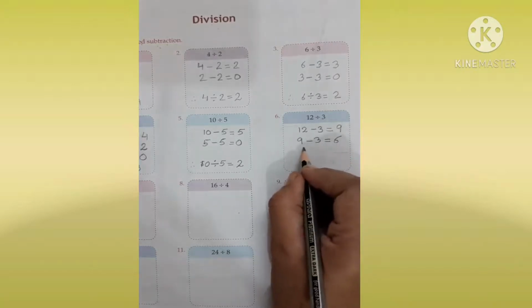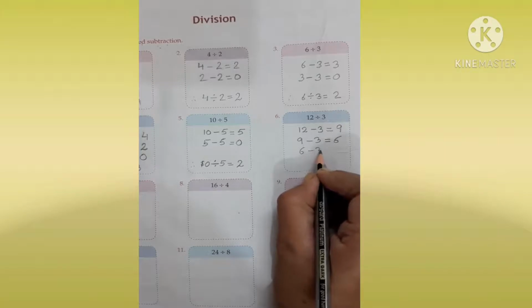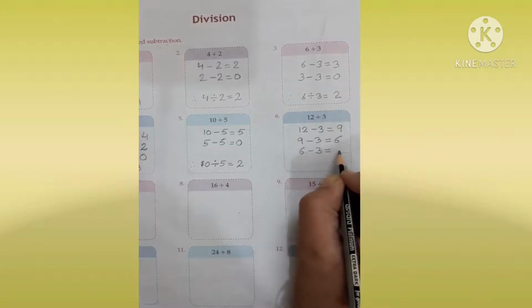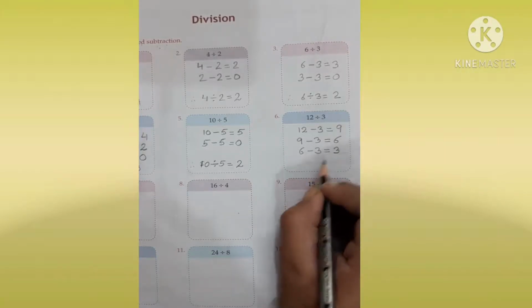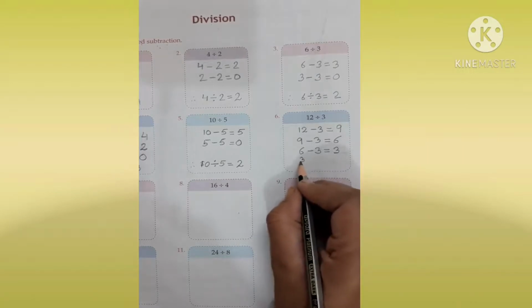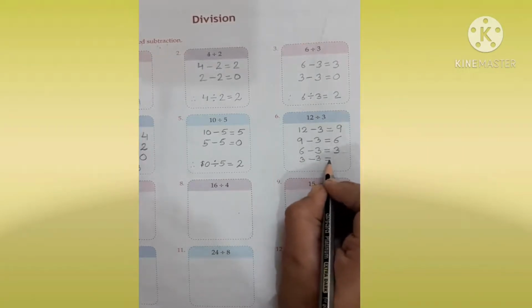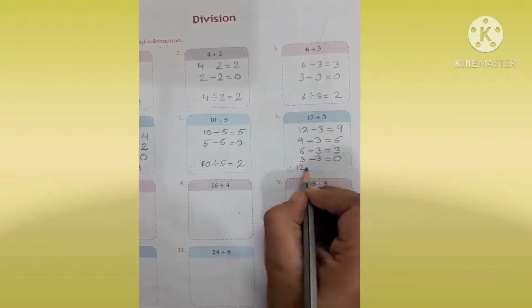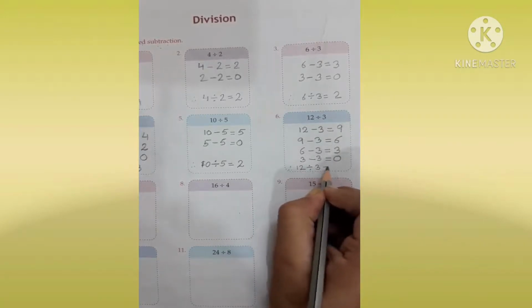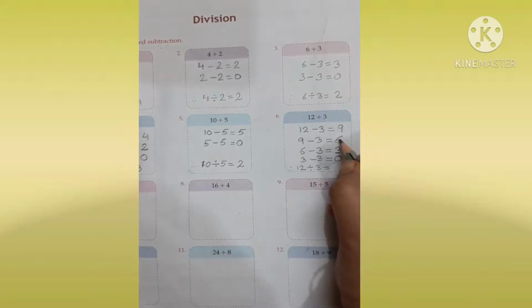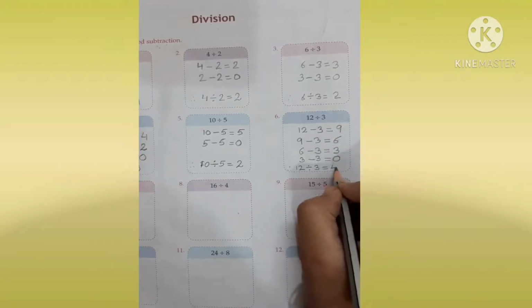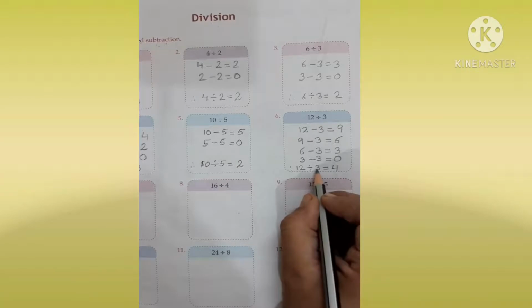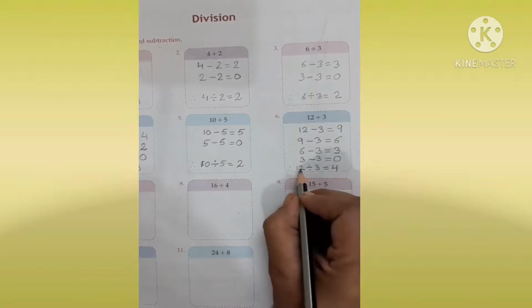Now this 6 here. 6 minus 3 is equal to 3. Now this 3 here. 3 minus 3 is equal to 0. So 12 divided by 3 is equal to how much? 1, 2, 3, 4. 4. 3 fours are 12. Understand, children?